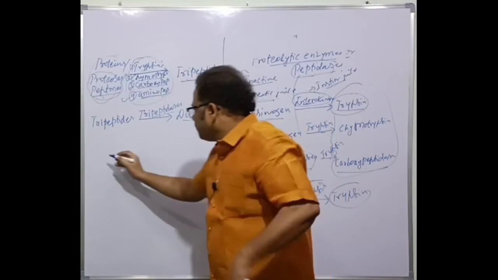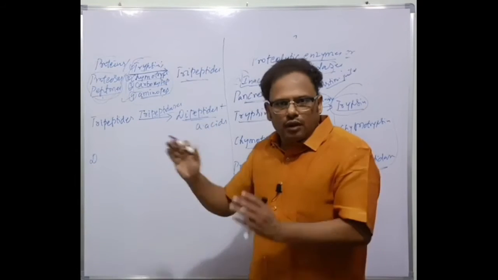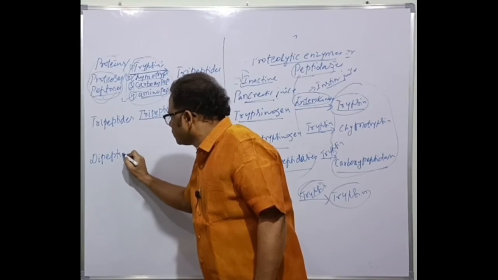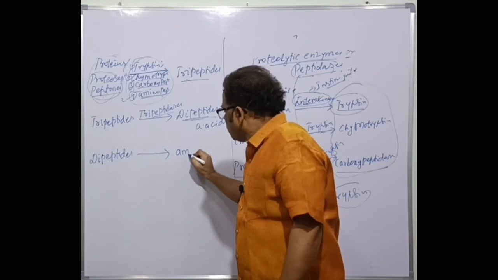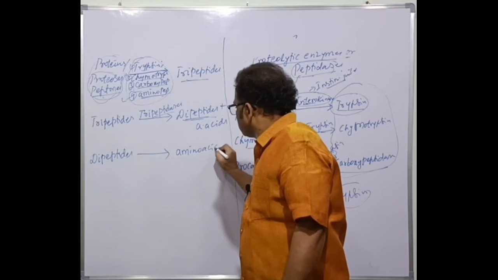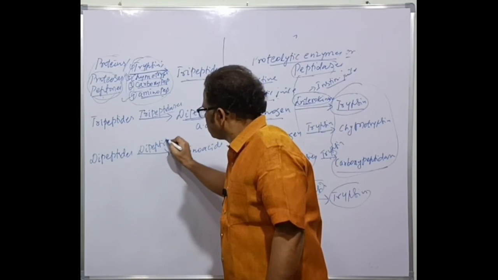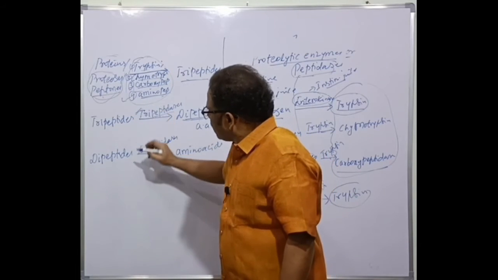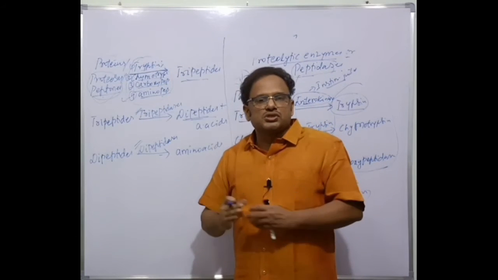And the dipeptides must be further broken down until they are formed into amino acids. So the dipeptides are broken down into amino acids in the presence of dipeptidases. The tripeptidases and dipeptidases are present in the intestinal juice, Succus entericus.